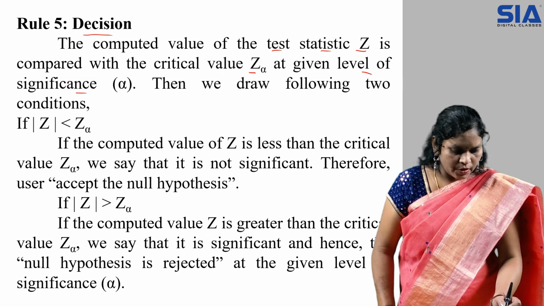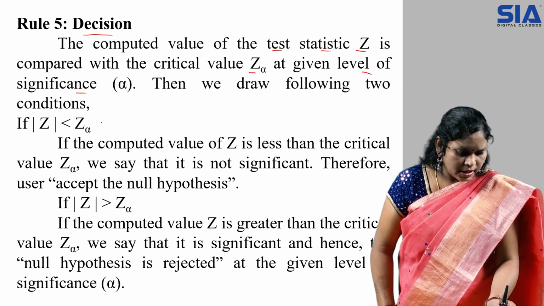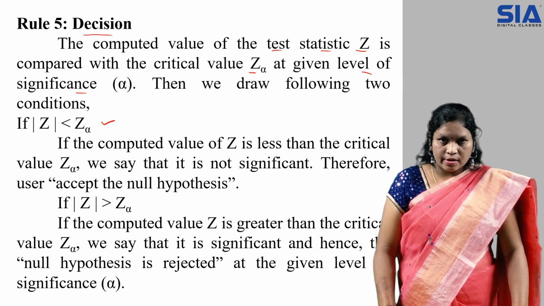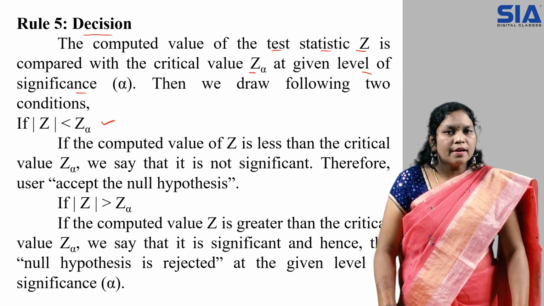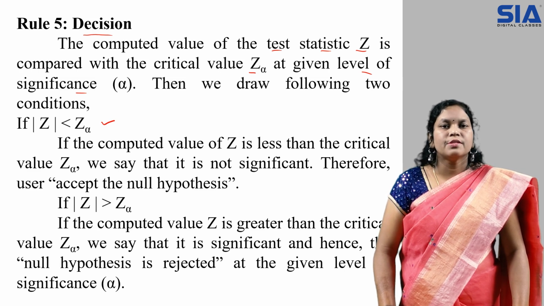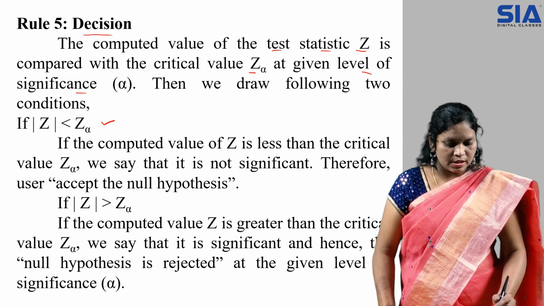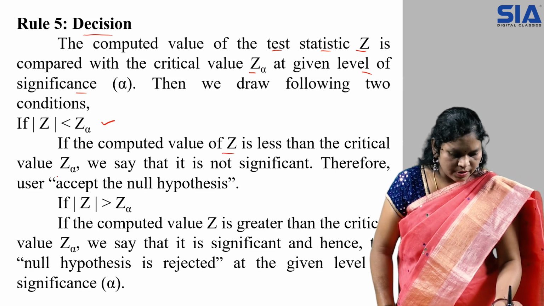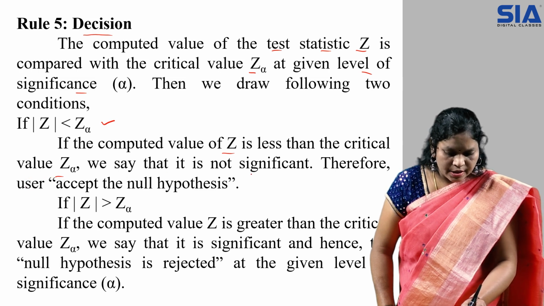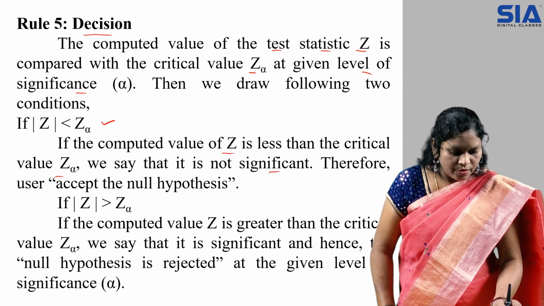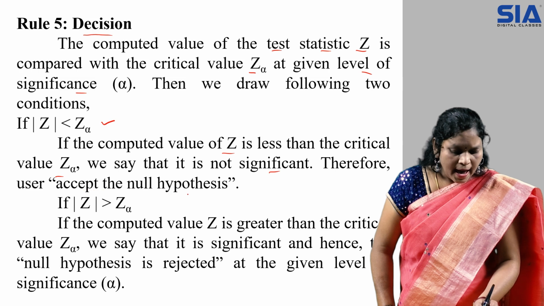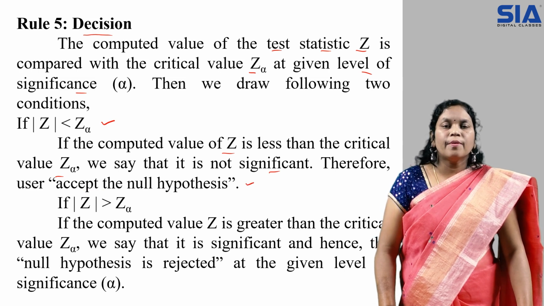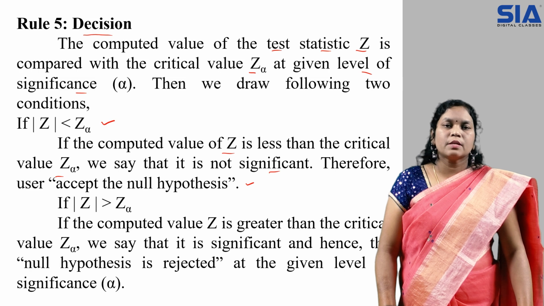Then we draw the following conditions. If mod z is less than z alpha, where z is our calculated value and z alpha is the critical value, then what happens? If the computed value of z is less than the critical value z alpha, we say that it is not significant. Therefore, we accept the null hypothesis. These conclusions finally decide whether to accept or reject the null hypothesis.